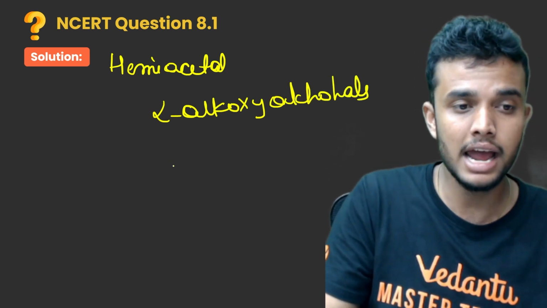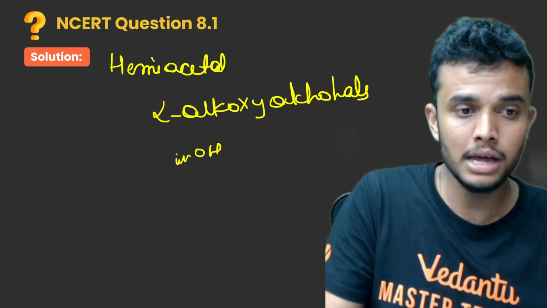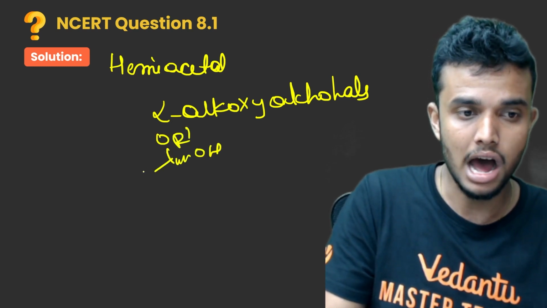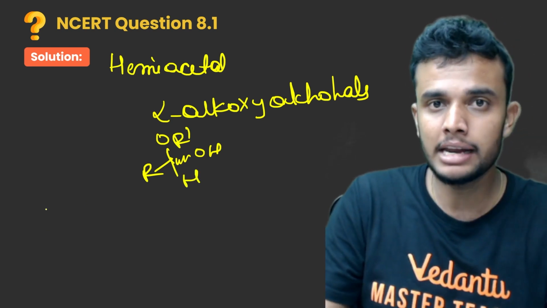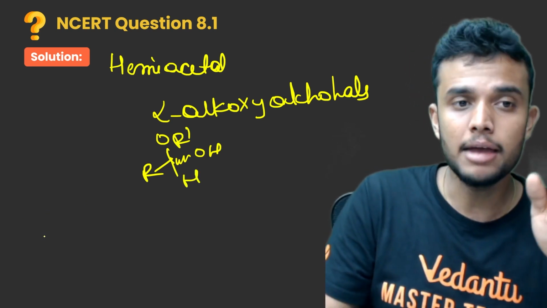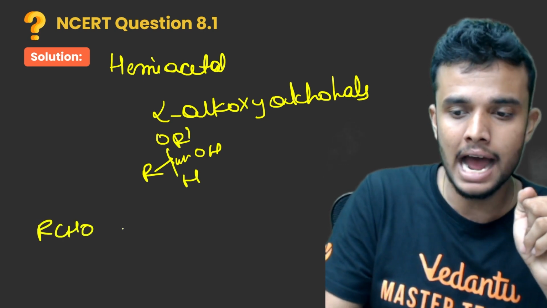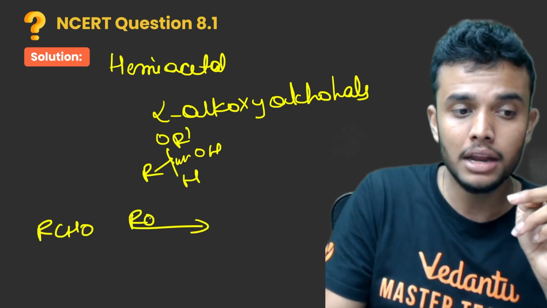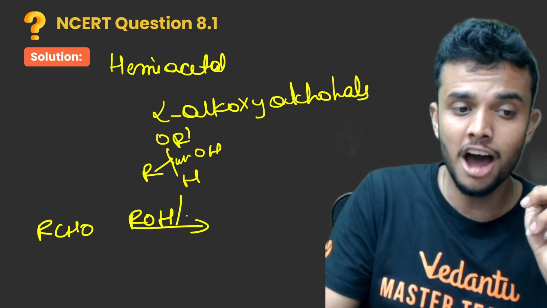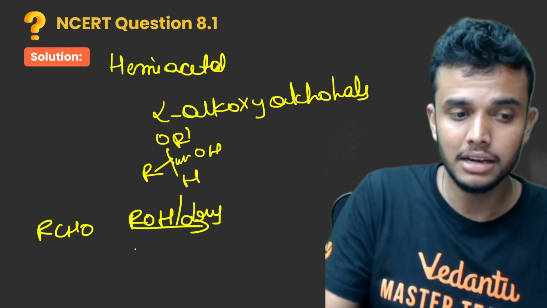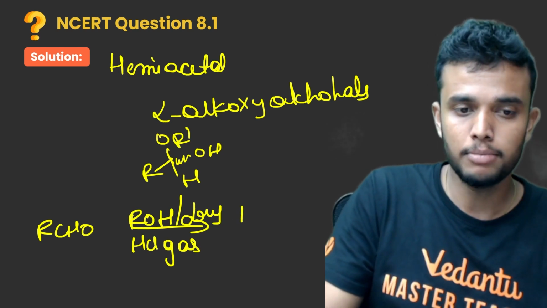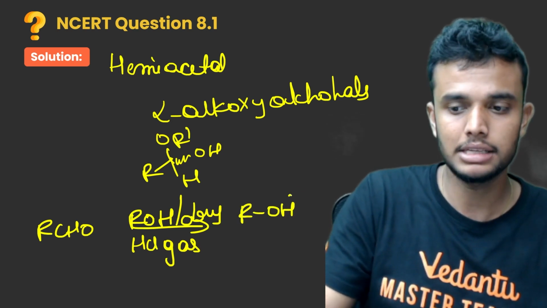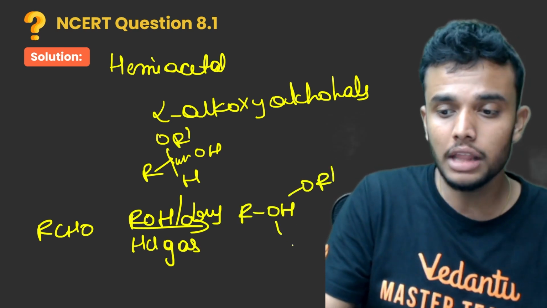We already know the structure: one OH group and OR'. Let's move on to the reaction part. Hemiacetal is prepared when an aldehyde reacts with one alcohol in the presence of dry HCl gas to yield hemiacetal. Understood? Next, move on to the next one.